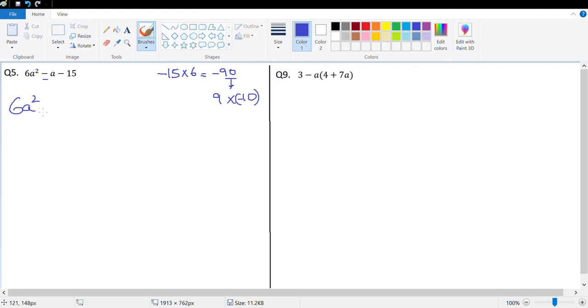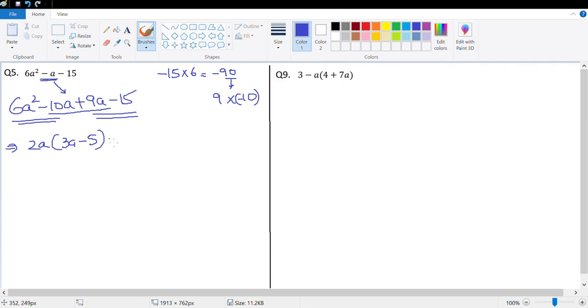So 6a square minus 10a plus 9a minus 15. Instead of negative 1a, I have written negative 10a plus 9a. Now, grouping the way I have underlined, what's common between these two is 2a. What remains here is 3a. 2a into 3a is 6a square. What remains here is minus 5. 2a into 5, yes, that's correct, negative 10a.